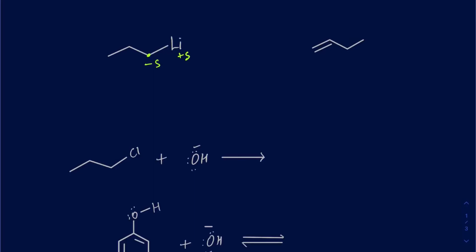But once it breaks up and dissolves in the solution, this is how you're going to write it. Sometimes you can write the lithium as a full positive charge and carbon with a full negative charge. But in either case, this carbon is going to be your nucleophilic center, and lithium, technically, doesn't really act as your electrophile.